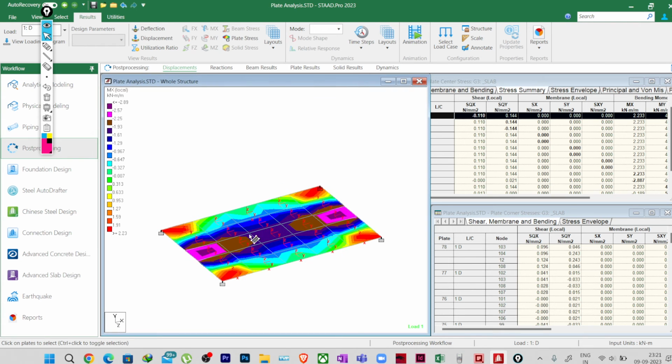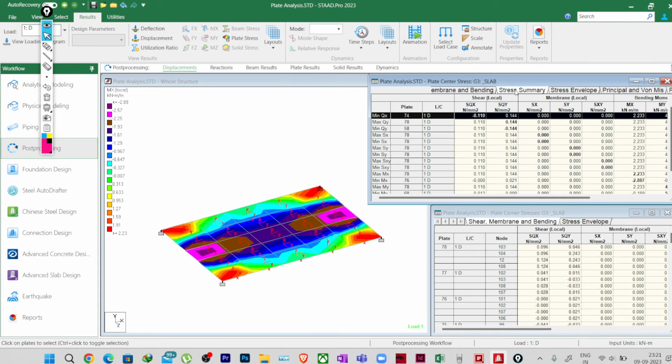Okay, so don't look at these contours, just look at the values in the stress summary. What we expect is that the negative My value will be higher, and that will be my bottom bending moment, the sagging moment.